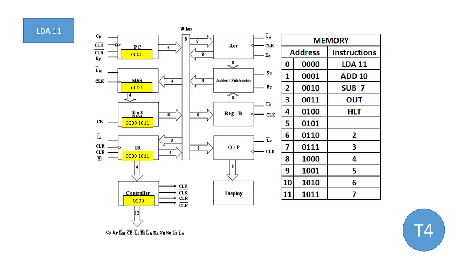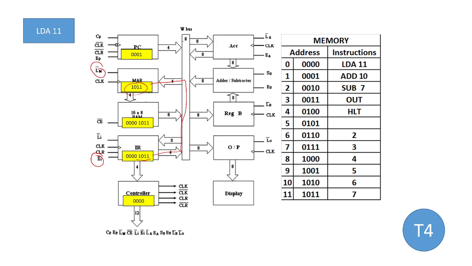Now on our T4, we can see that our lower nibble here was sent to the W bus and is accepted to our MAR. And also, before I forget, the active pins here are the EI and also the LM.